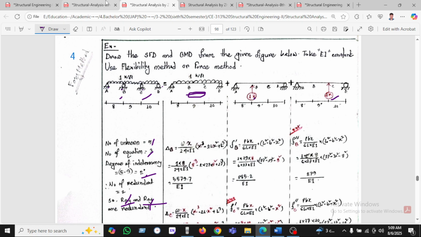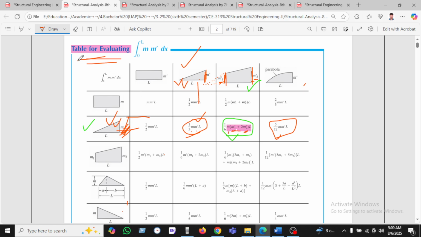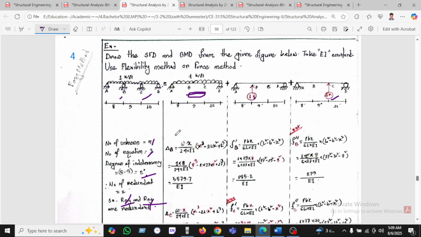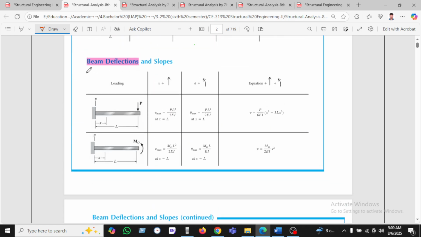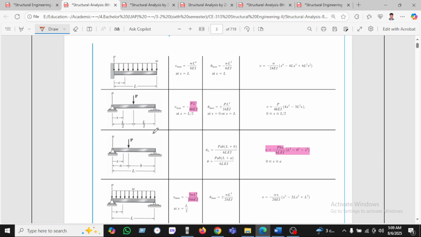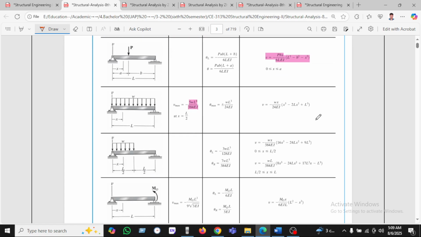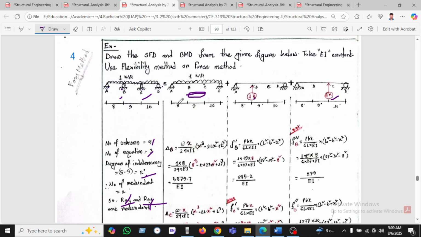We are not using this table, but we can also use this table. We are just using this beam deflection formula method, as we have been using this formula WX over 12 L, squared, 2L squared, and finding this value.